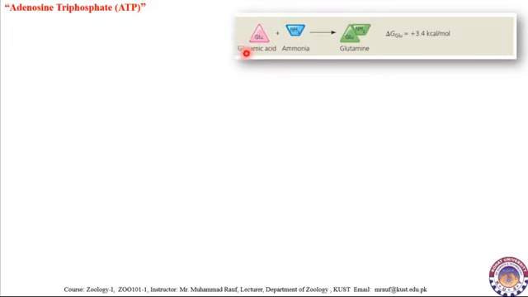Now the reaction of glutamic acid with ammonia is a reaction which requires the input of energy, and the ATP molecule must provide this energy. So how does the ATP molecule provide energy? ATP loses one of its phosphates.